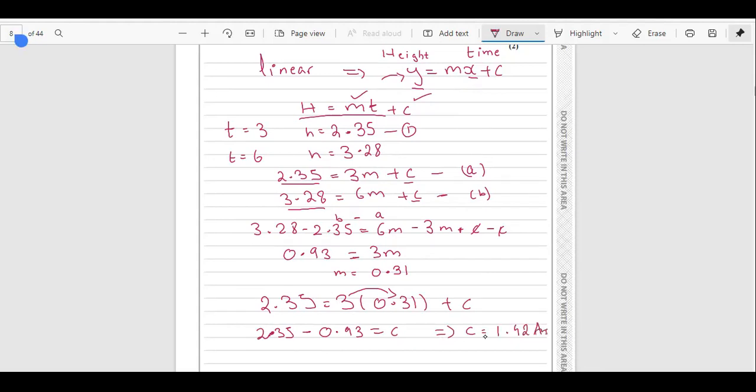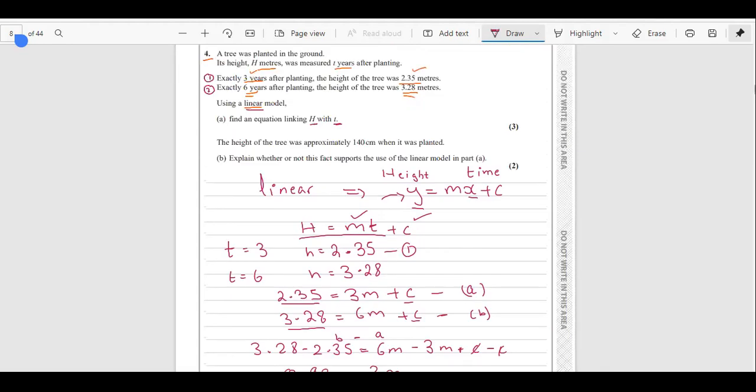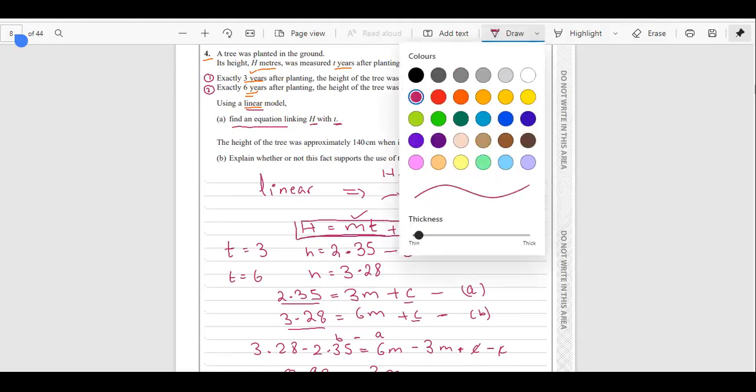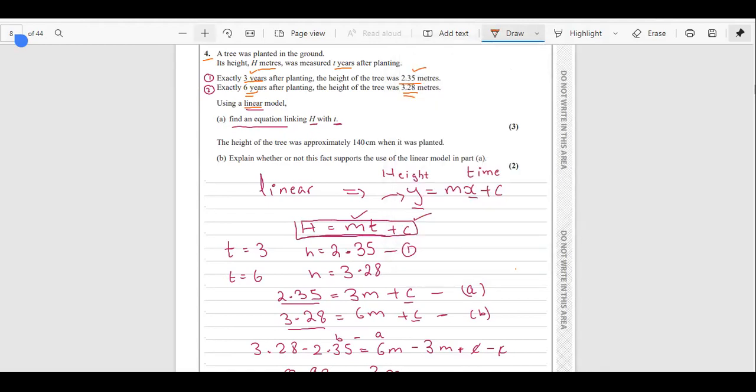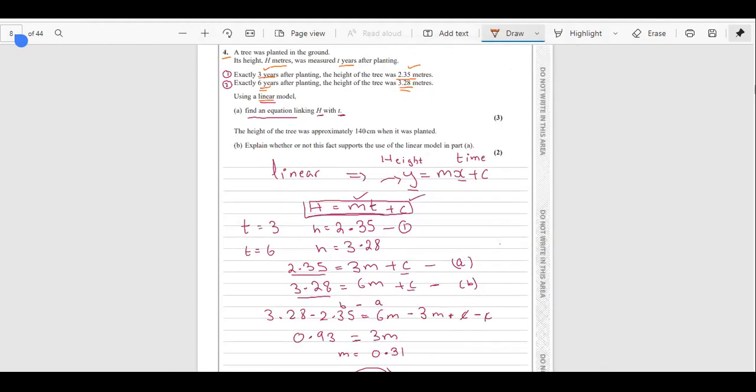Okay, so finally, what was the question? The question was to find an equation linking h and t. This is the general form which we got. We need to use the values of m and c just so we have a proper equation, so whenever we use the value of t, we can easily get the corresponding height.